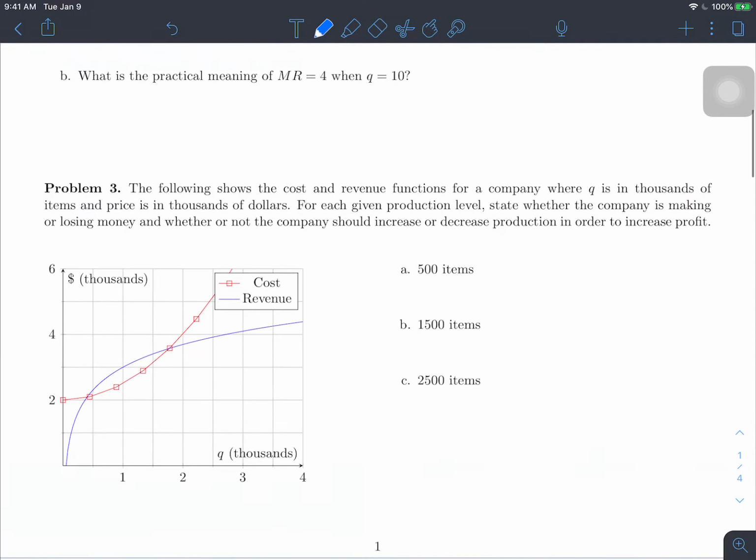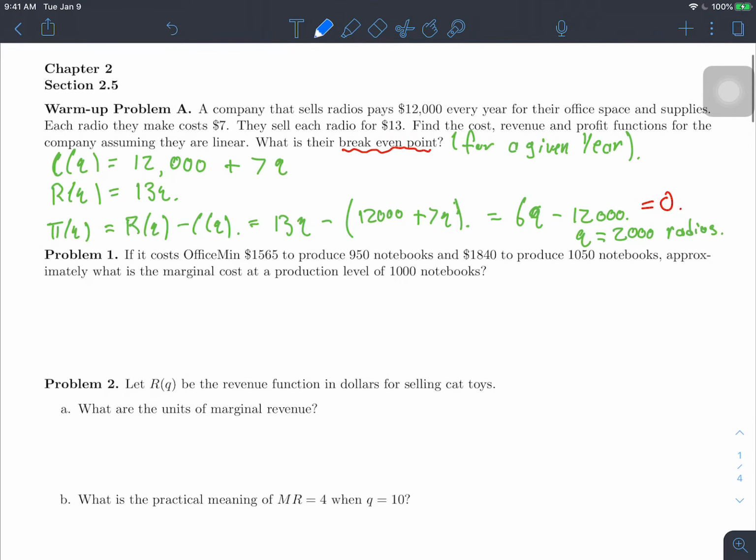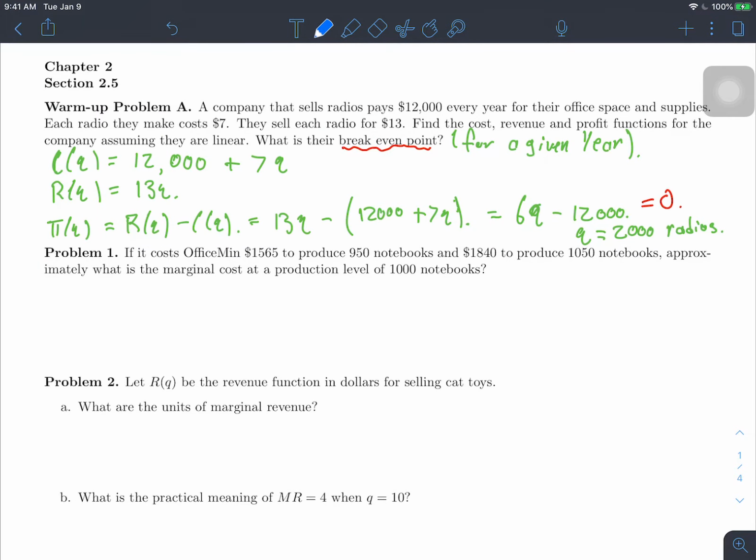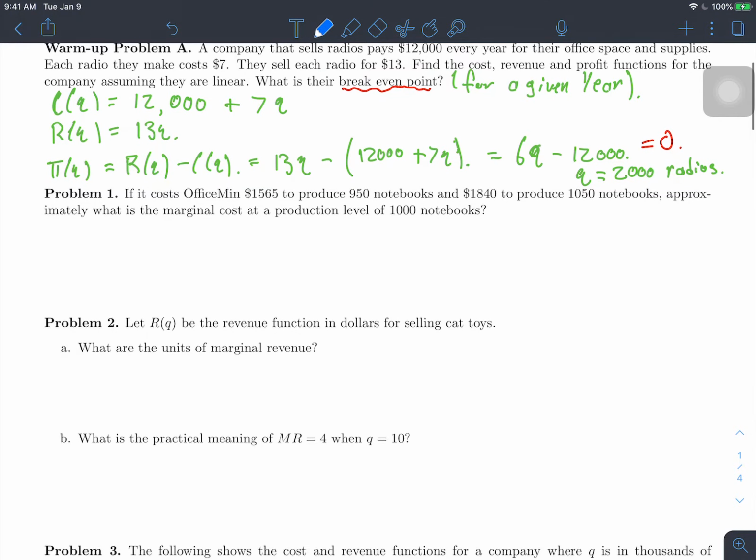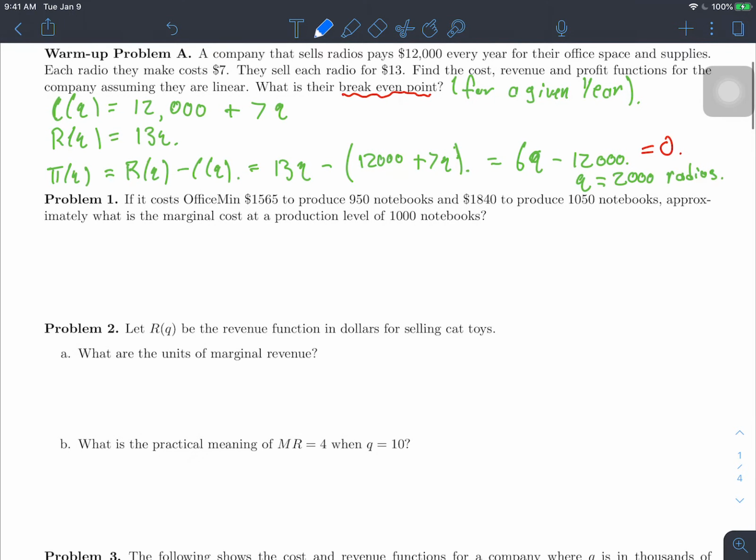Okay, so let's go up and do problem number 1. Okay, so if it costs Office Min $15.65 to produce 950 notebooks and $18.40 to produce 1,050 notebooks, approximately what is the marginal cost at a production level of 1,000 notebooks?